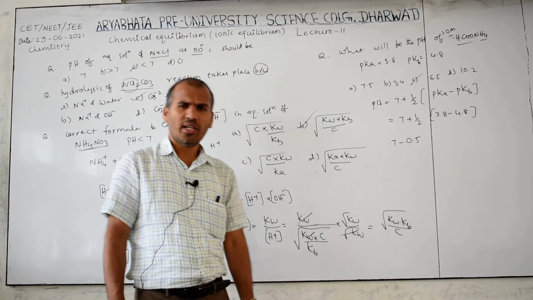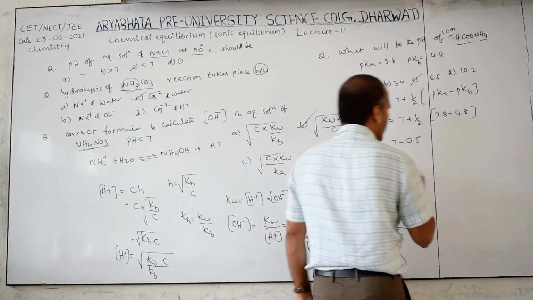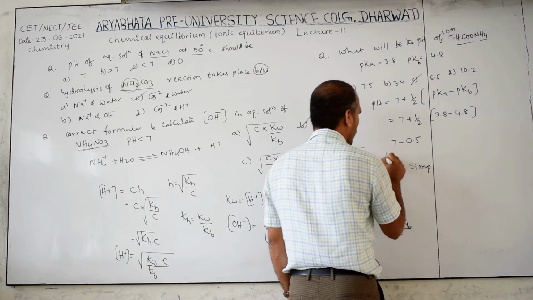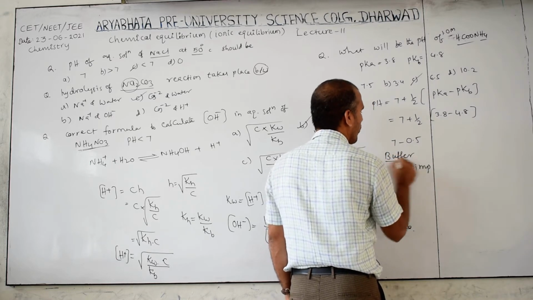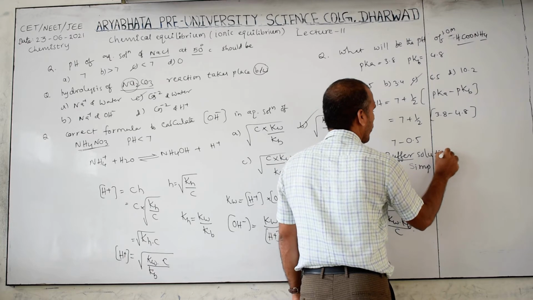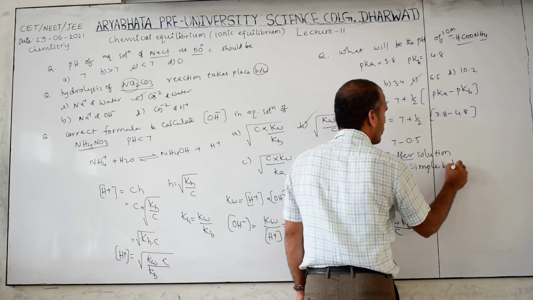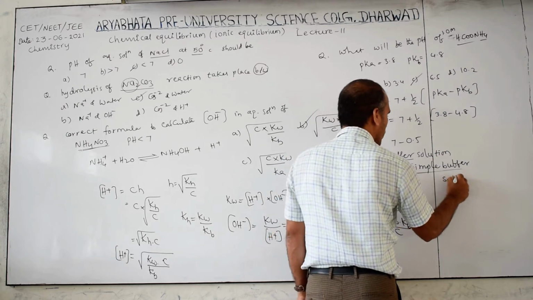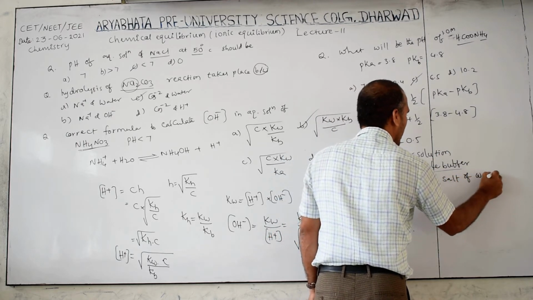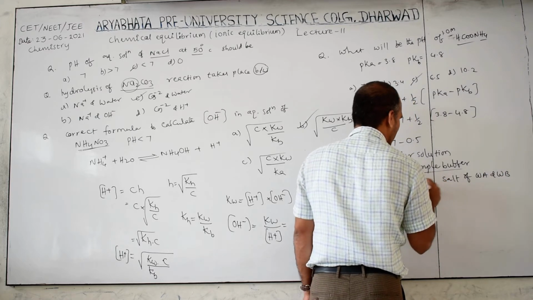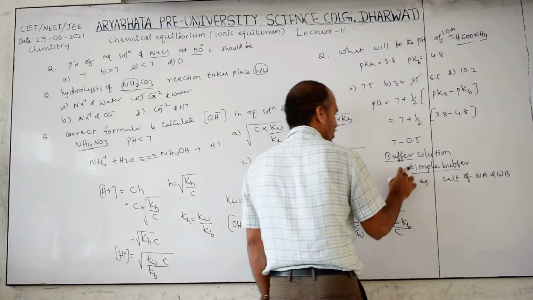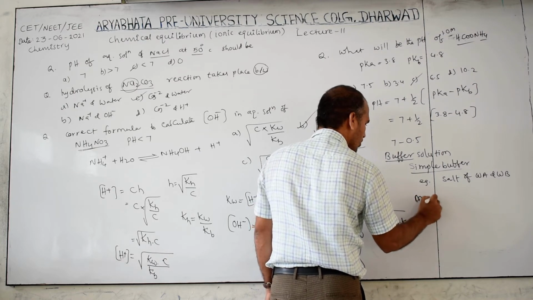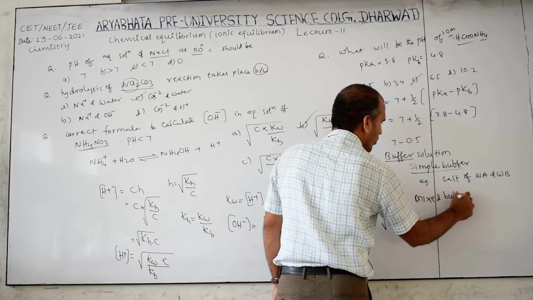Okay. Now, there are two types of buffer solution. One is the simple buffer. A simple buffer is a salt of a weak acid and weak base. This is an example, but it is very rarely used. The second one is the mixed buffer.